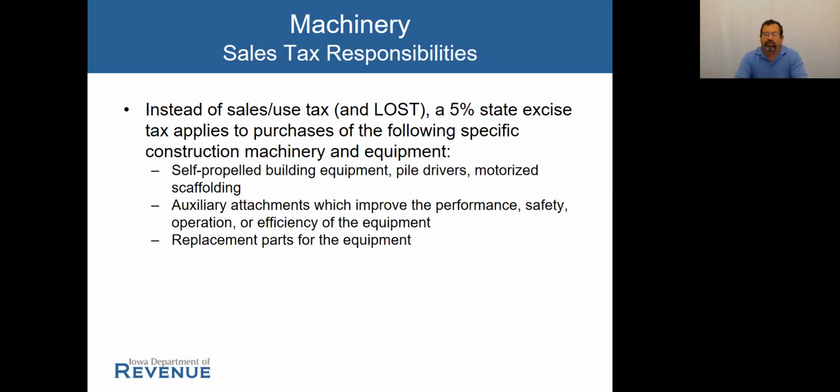Auxiliary attachments which improve the performance, safety, operation, or efficiency of that equipment, and replacement parts for that equipment. So in those cases, instead of either 6% state tax and possibly the 1% local option, a 5% state excise tax is applied.